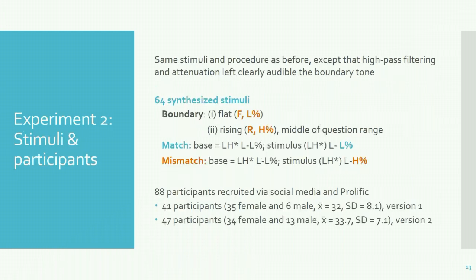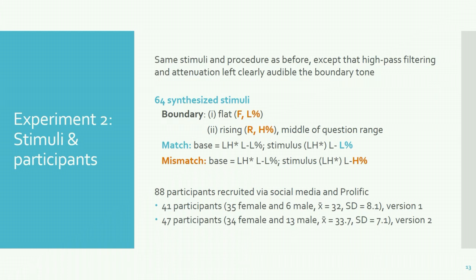Let's move now to experiment 2. In experiment 2, as I told you, we masked the pitch accent. So experiment 2 has the same stimuli and the same procedure as before. The only difference is that the high-pass filtering left the boundary tone clearly audible now.